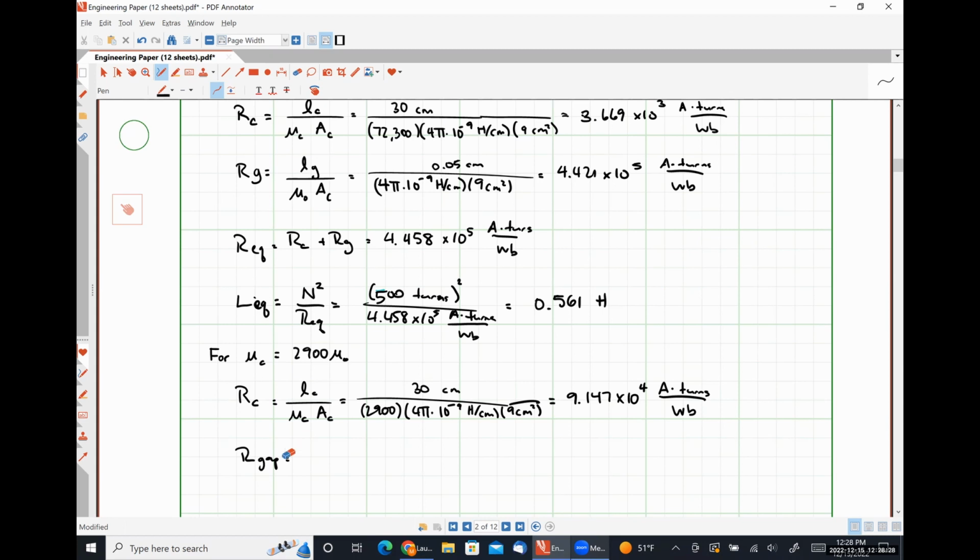Is the reluctance of our air gap going to change because our core permeability changed? Not at all. So RG is going to be the exact same thing, 4.421 times 10 to the 5 amp turns per Weber.